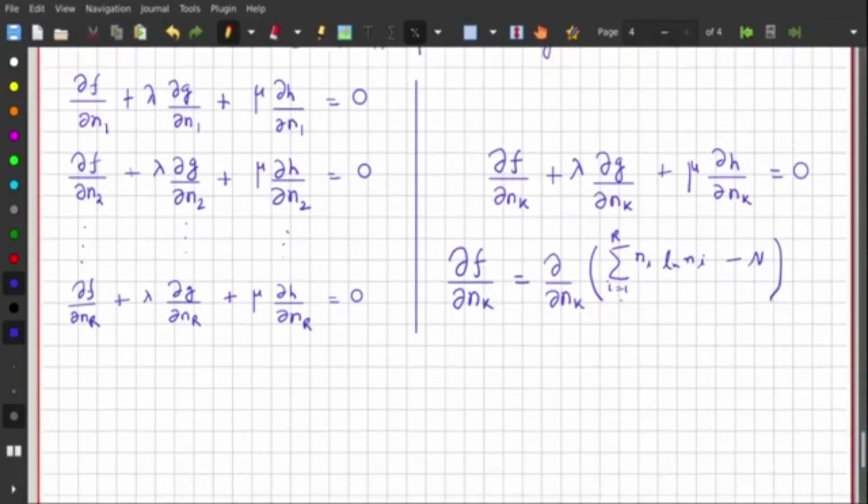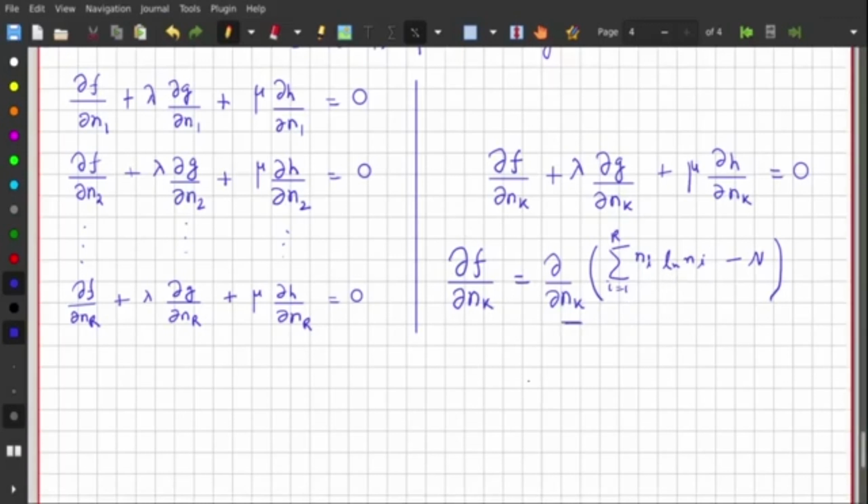And remember n1, n2, n3, all those are independent variables. You can vary the number of particles in each of the energy states independently. So the only derivative we are concerned about is the kth derivative basically.